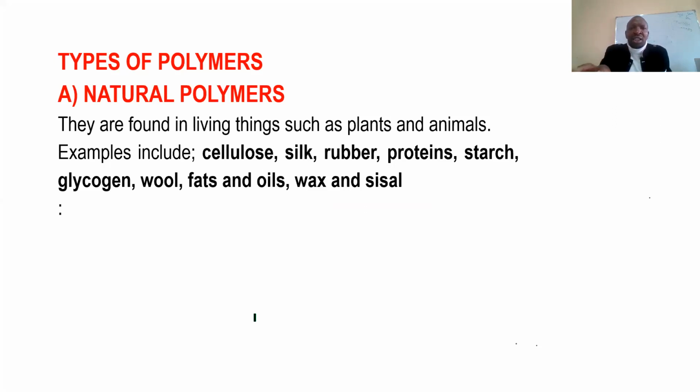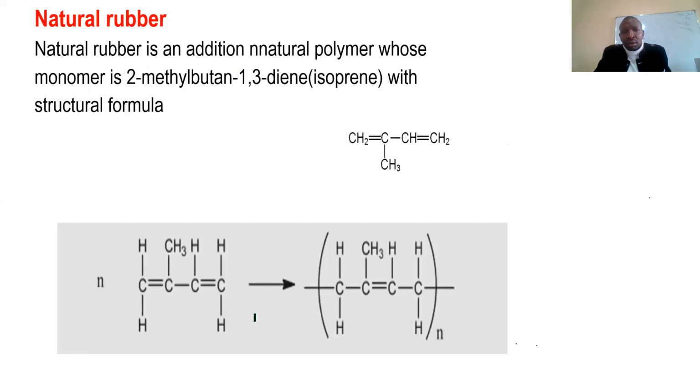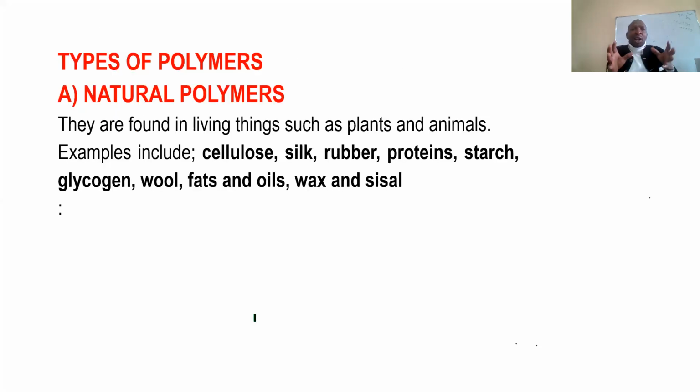You need to understand the chemistry behind. Yes? Somebody was asking a question? Pardon. I said, according to the exam, what you are likely going to be asked is to name. Like name two natural polymers, whereby you can just say starch, glycogen, wool, just naming.